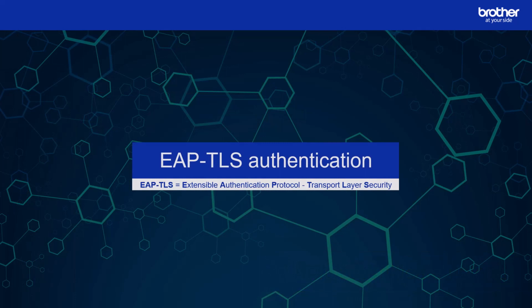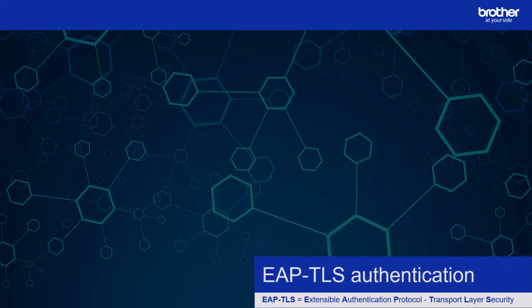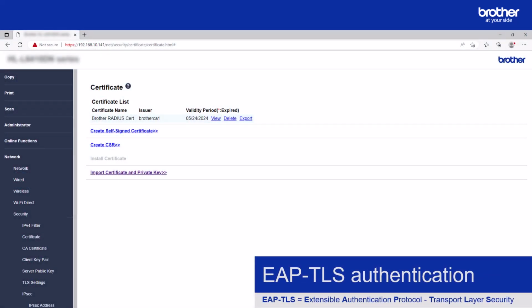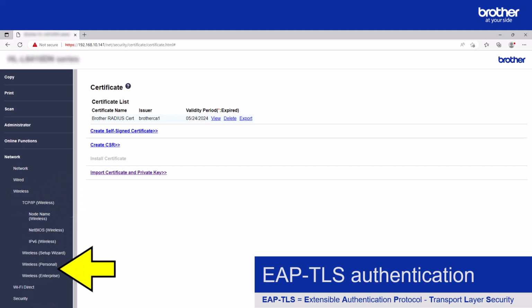Let's now move on to configuring the required EAP-TLS settings, which again I will do from the Brother device's internal web server, by clicking the Network tab, followed by the Wireless sub-tab, and then the Wireless Enterprise option.